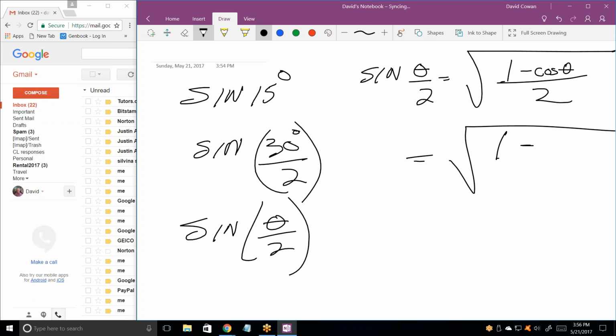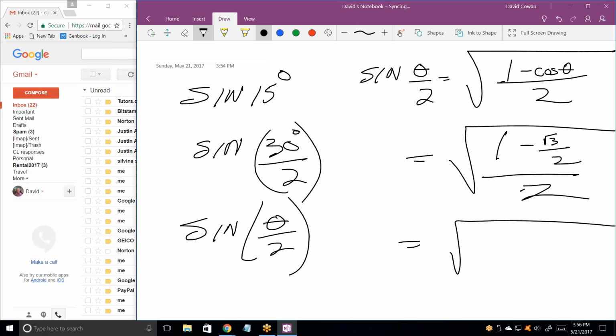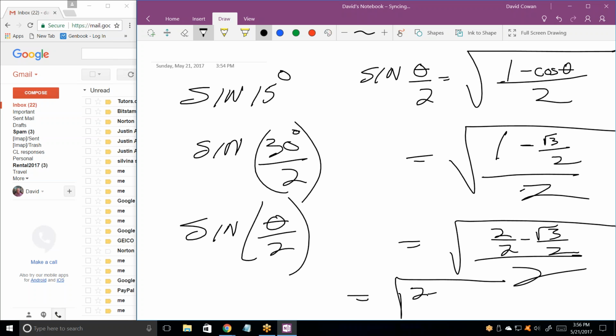Cosine of 30 degrees is root 3 over 2. And you just have to worry about the algebra. The way I do these is always do the numerator first. Apply it. So you end up with the square root of 2 minus root 3 over 4.